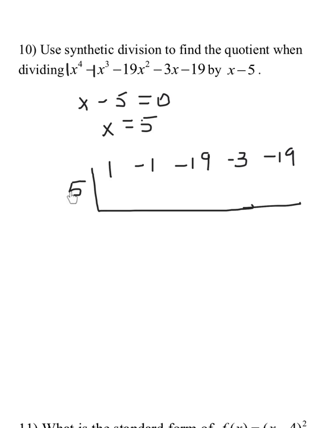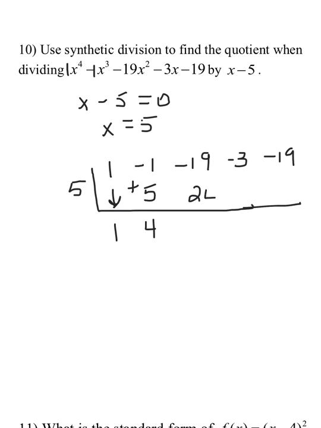Then we start our algorithm. The first thing you need to do is drop down this 1. That's the first thing that needs to happen. And then we start our algorithm. 5 times 1 is 5, and then add. Some of you had a little bit of trouble with this. Negative 1 plus 5 is 4. Then we multiply again. 5 times 4 is 20.